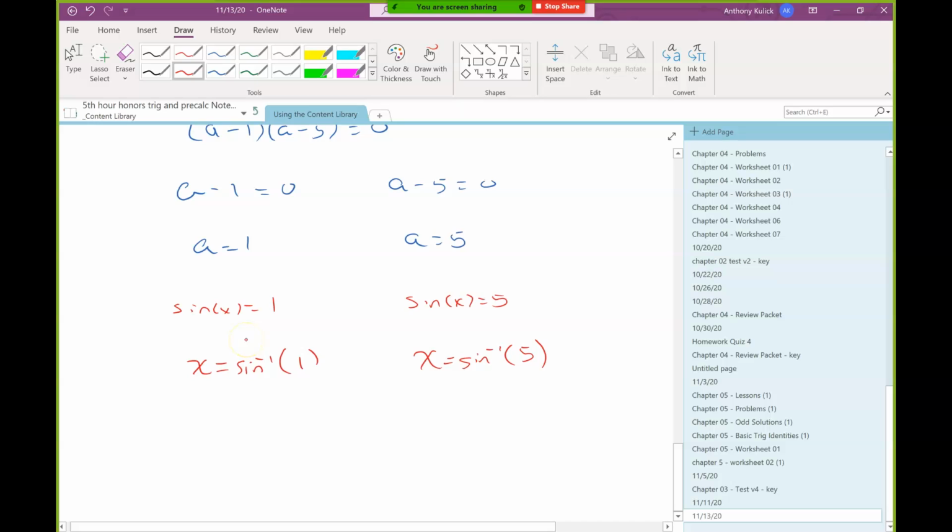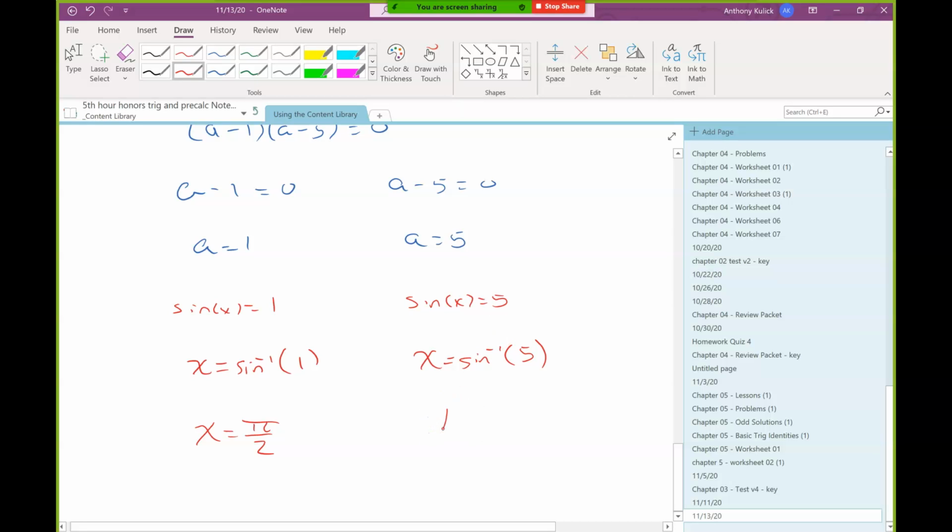So sine inverse of 1, I'm going to go to my unit circle and look for the place where the y-coordinate is 1. That happens just one place, at pi over 2. And then I have sine inverse of 5.